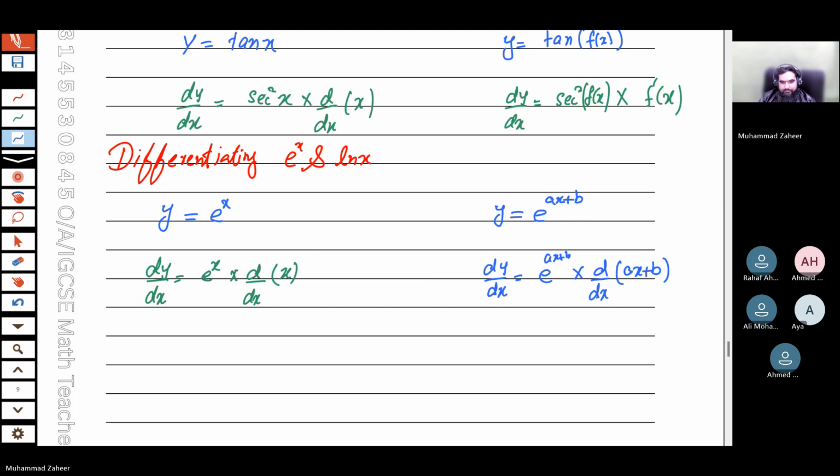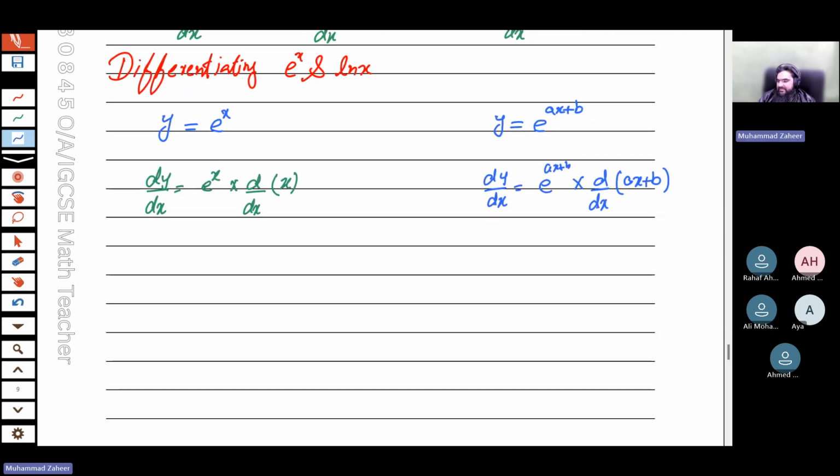In the same way, the derivative of natural log of x is equal to 1 divided by x. For any value in the log, it will be 1 divided by that value, times the derivative of the value inside the log.